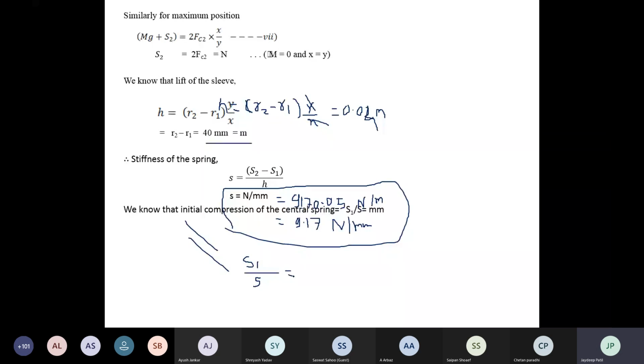61.02 mm. Correct. Initial compression is 61.02. Now find out, anyone, the final compression?